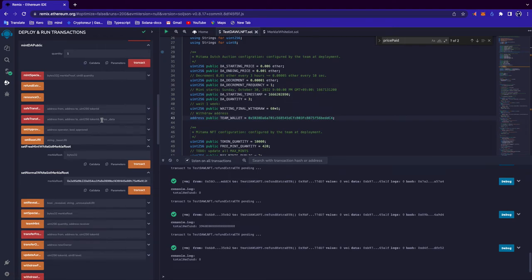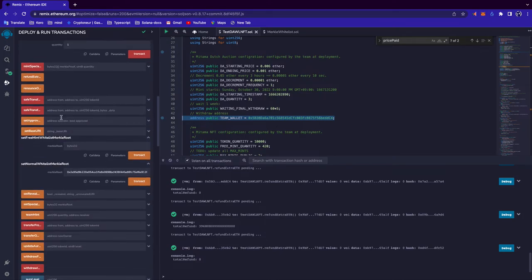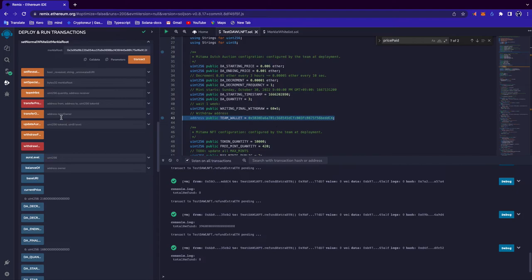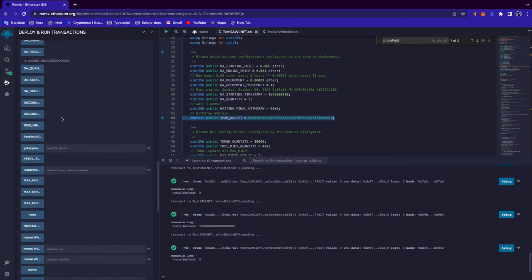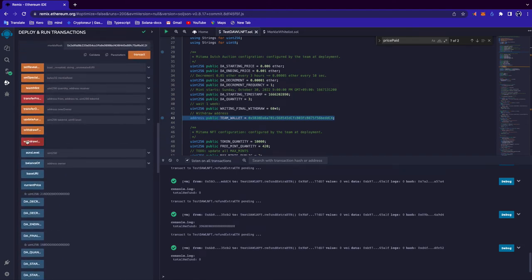And from the point of view of the team wallet address, we can send the remaining amount of this contract to the team wallet address, which is confirmed here. So let's transfer the remaining amount of the contract to this address. That will be invoked by withdraw.